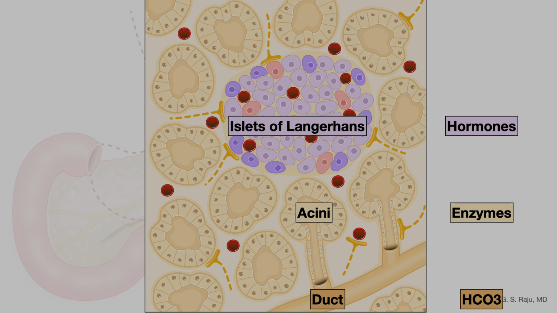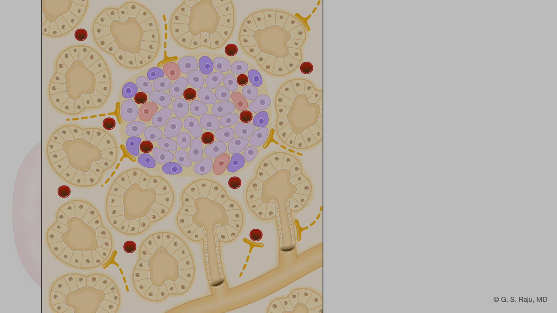So let us dive deep into the exocrine function of the pancreas. So we talked about the acini, and they secrete different types of enzymes: amylase, lipase, which are secreted in the active form, and proteolytic enzymes, trypsin, chymotrypsin, carboxypeptidase, and elastase. The proteolytic enzymes are secreted as inactive enzymes, and they get activated once they go down into the duodenum.